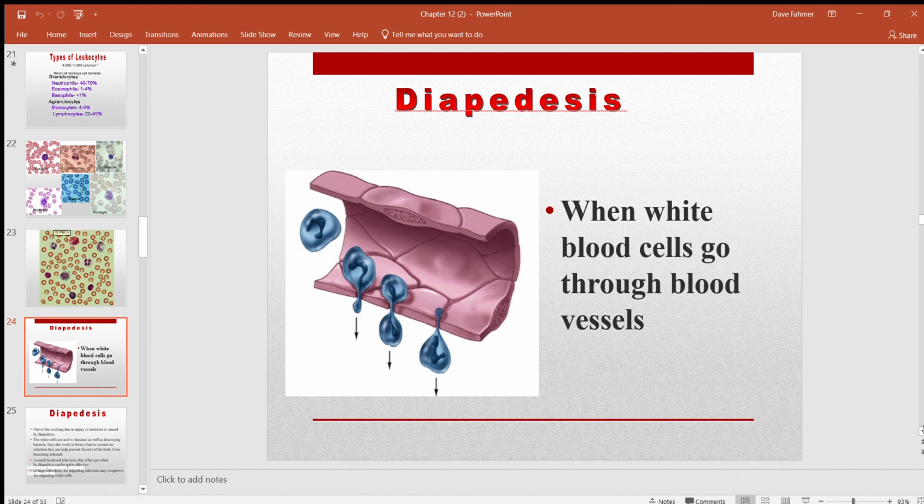When it finds foreign invaders, it envelops them and takes them into the cell and destroys them. So diapedesis is literally walking through tissues, and it goes in and out of the capillary walls, seeking foreign invaders, and it destroys any foreign invaders that are in the tissues.